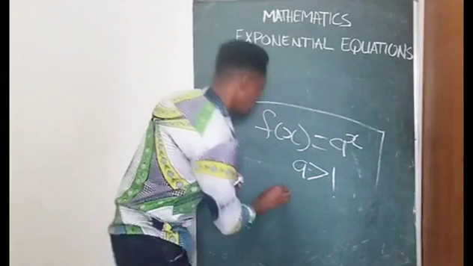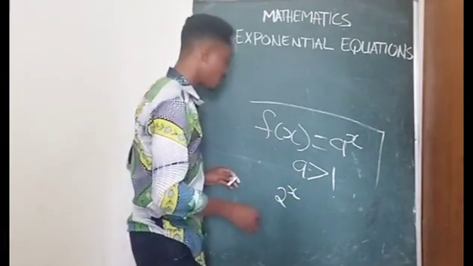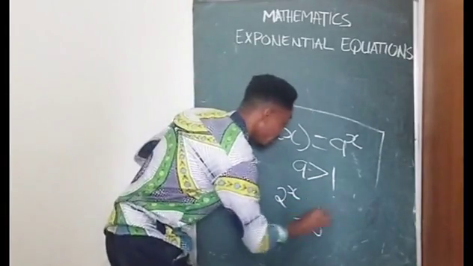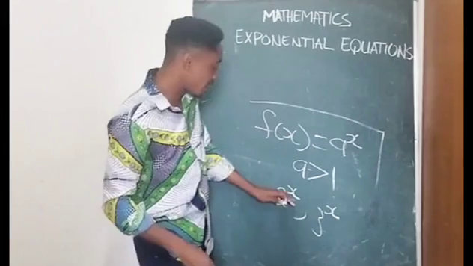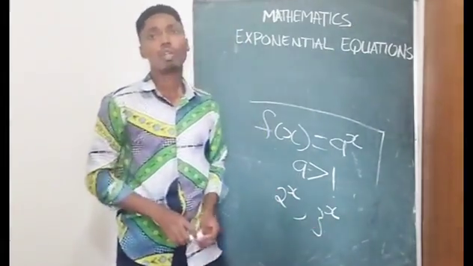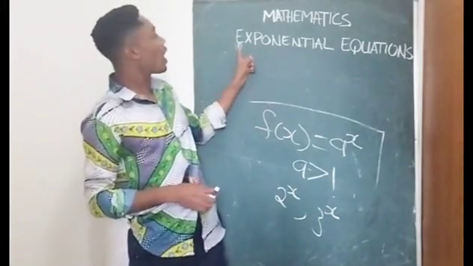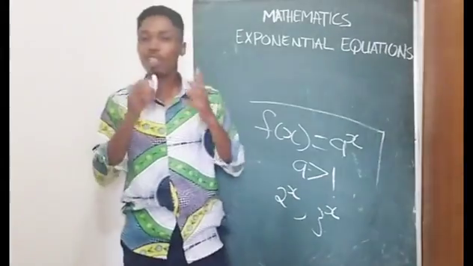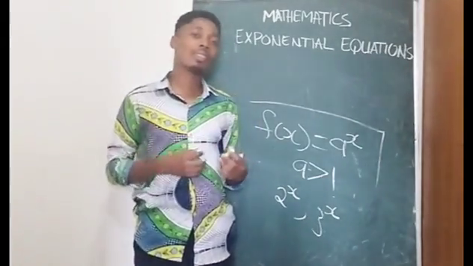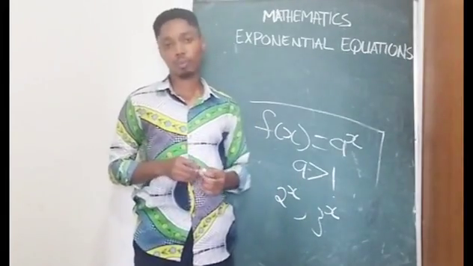Example, 2 raised to power x, 3 raised to power x. This is an exponential function. So when we're talking about exponential equations, an exponential equation is an equation that contains an exponential function.